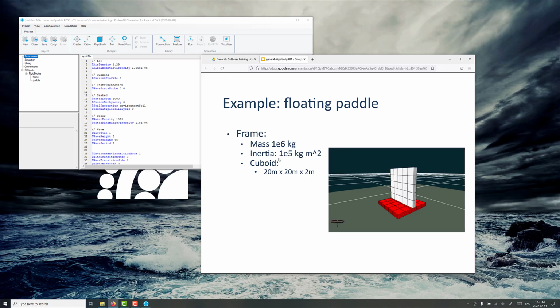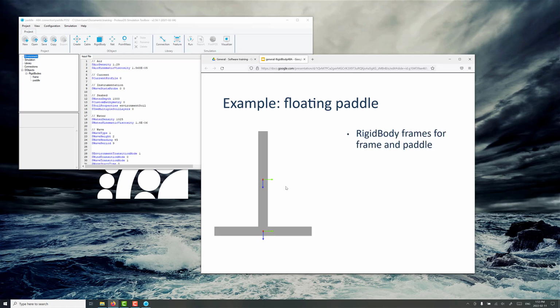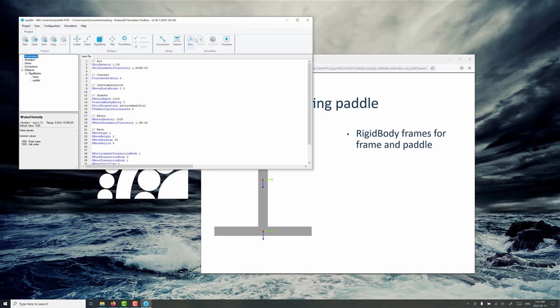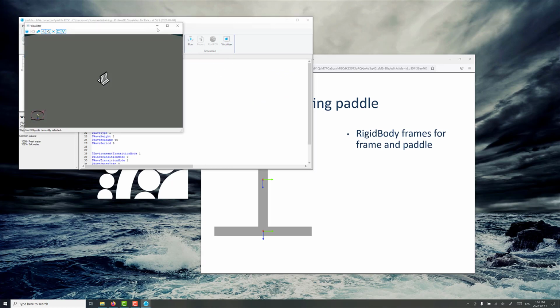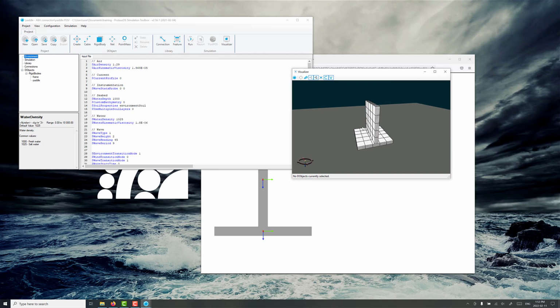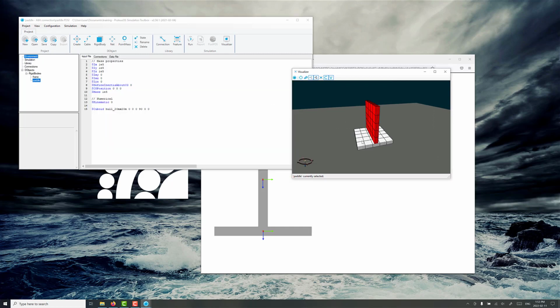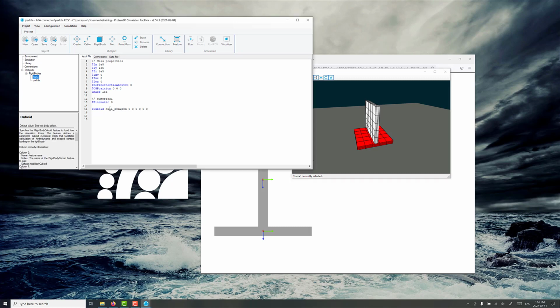The frame is heavier, and it also uses a similar cuboid just for a visual reference there. So when you open up this project file here, you'll see there's our paddle and there's our frame on the bottom, and you can see all the parameters there set up to use the same cuboid component there.